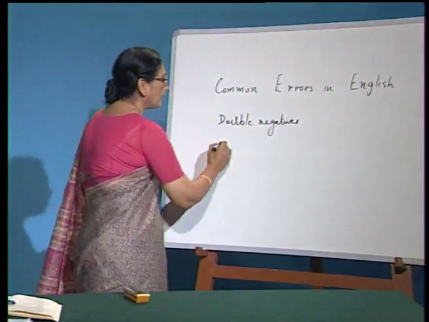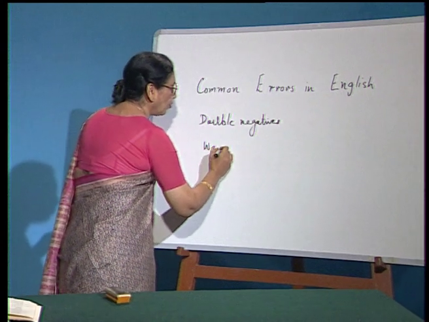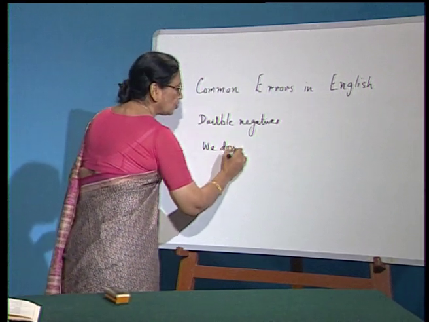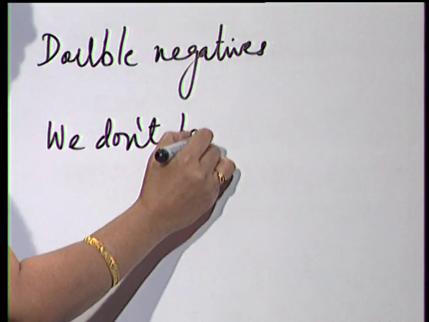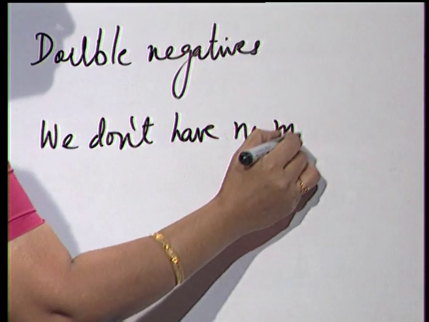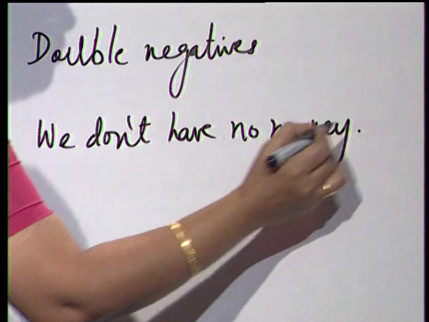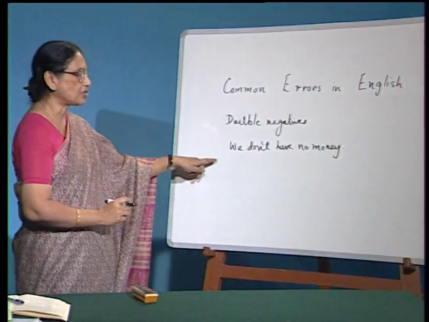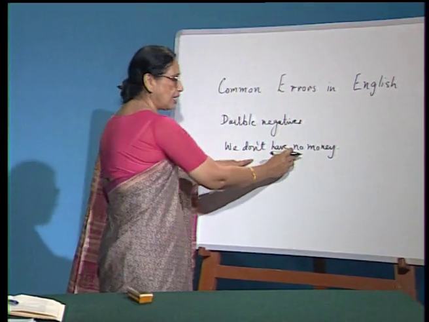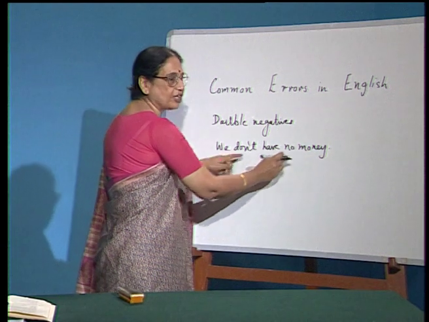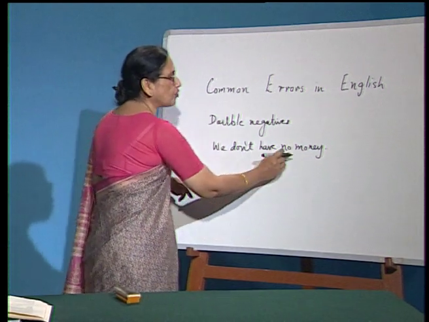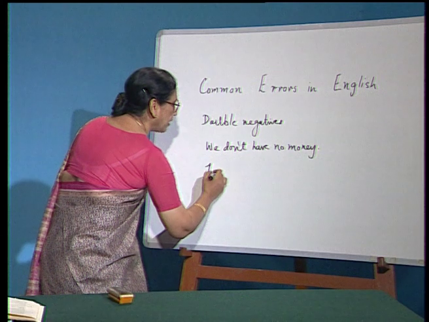When we say we do not have no money, in fact it functions as a positive because you have two negatives and both these are not really required. We do not have no money, or I will return back.